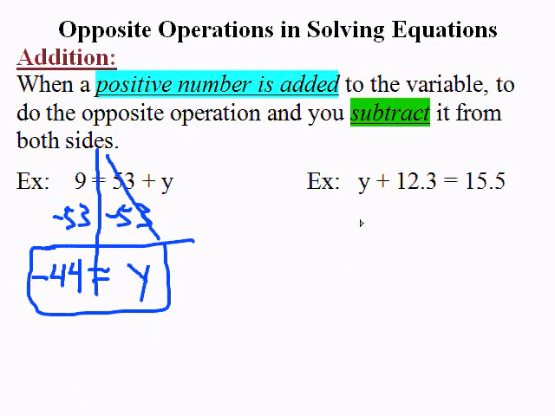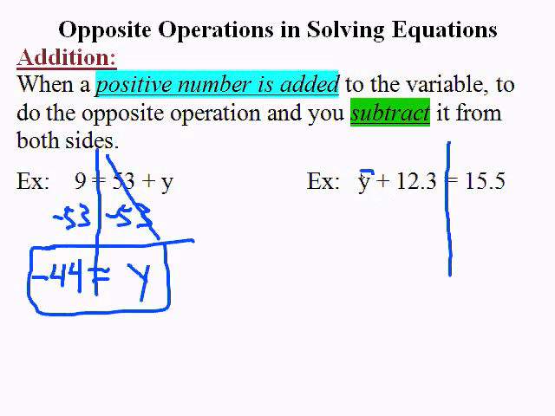Let's take a look at our second example. Suppose you have y plus 12.3 equals 15.5. Again, we're going to split our equation down the middle, and you notice you have a 12.3 being added to the y.